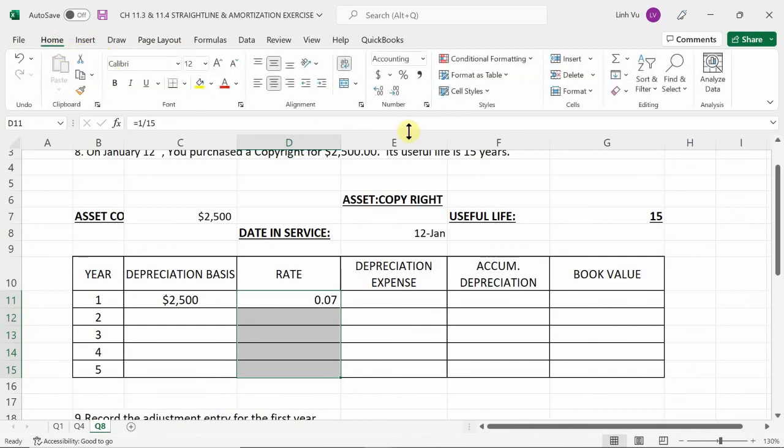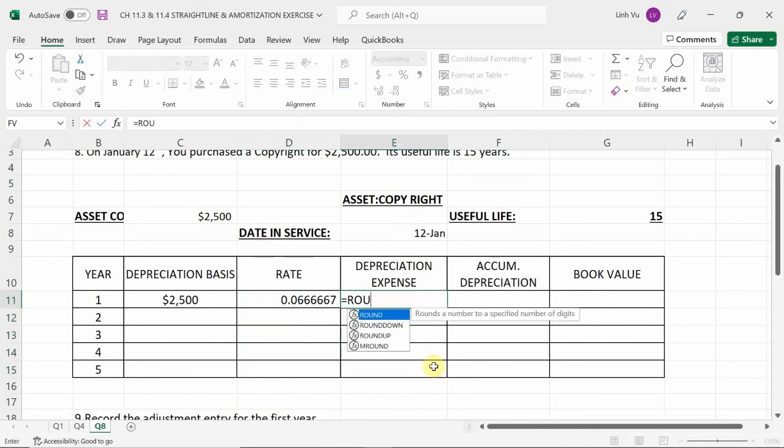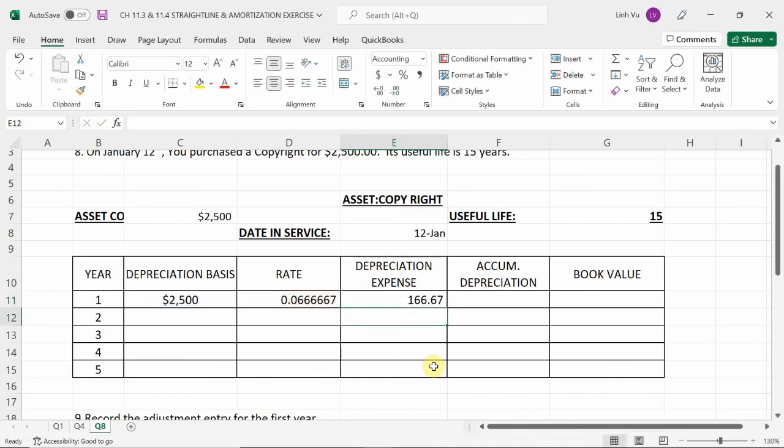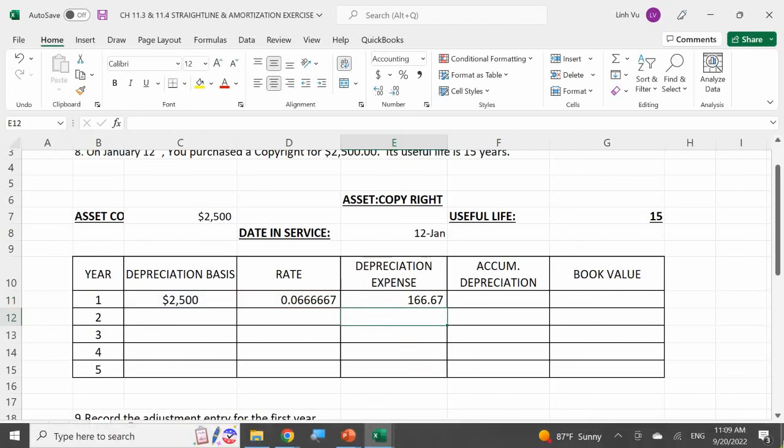Okay? So 4, 5, 6. Okay? So what is going to be my amortization expense for the first year? $166.6666.